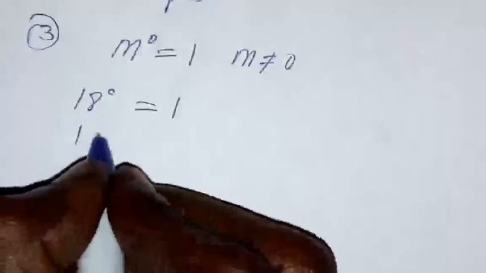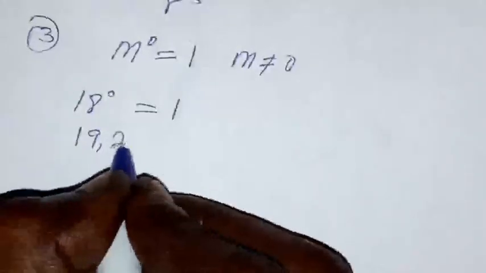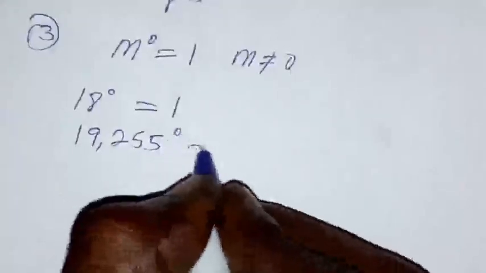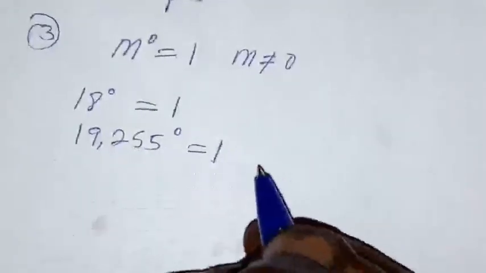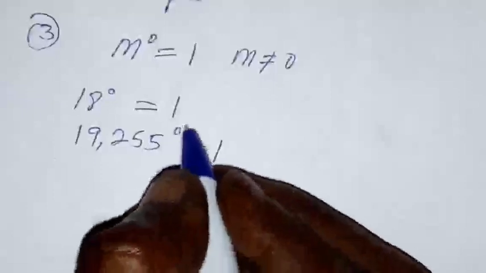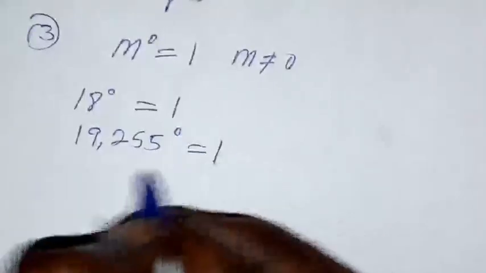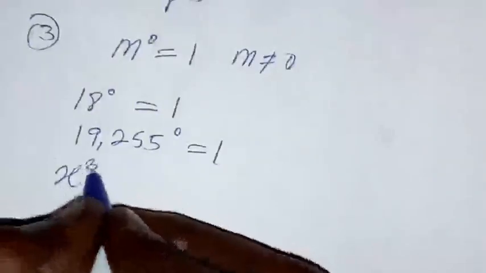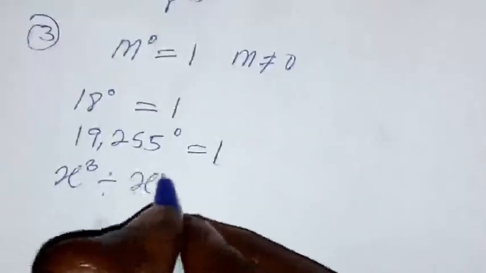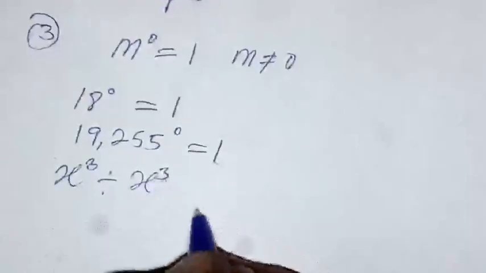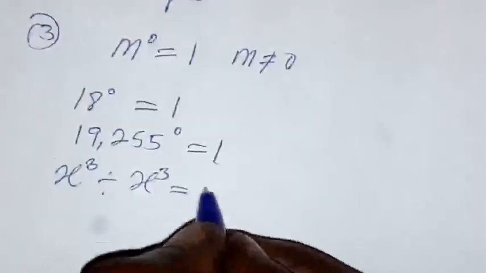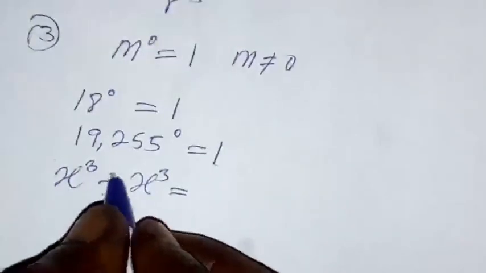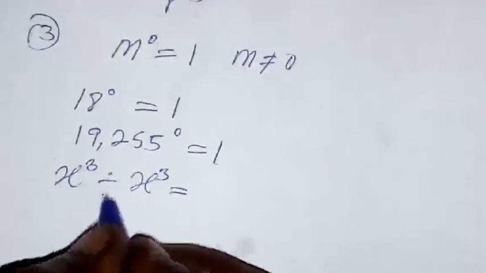If I have 19,255 power of 0, it is going to give me 1. No matter what I have, as far as it is power of 0, the answer is 1. Also, if I have x power of 3 divided by x power of 3, according to the subtraction law, the bases are equal and between them is division.